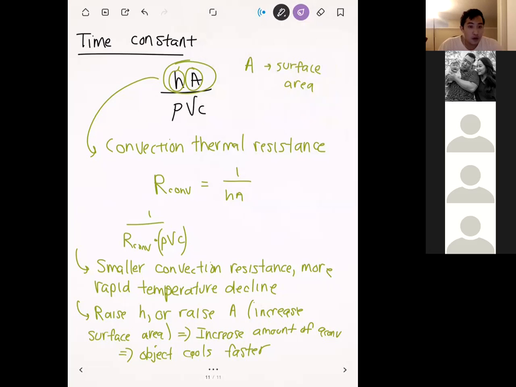Okay. All right, so now let's look at the quantity in the denominator, okay? All of these go together, and you can think of it as not a thermal resistance, but a thermal capacitance. If you remember from circuits, a capacitor is a circuit element that can temporarily store charge.